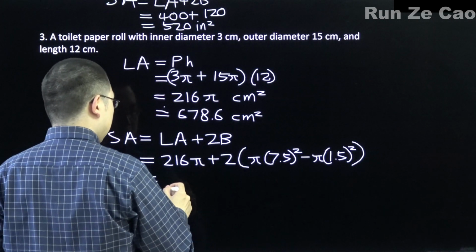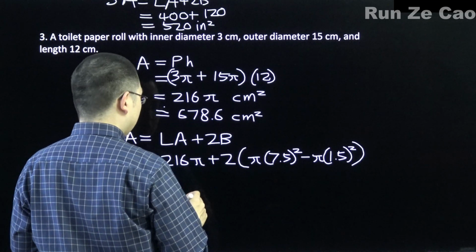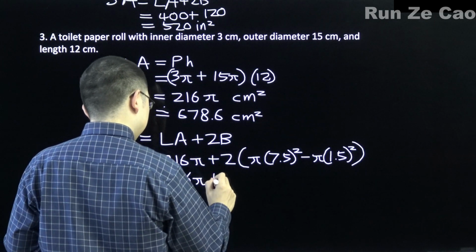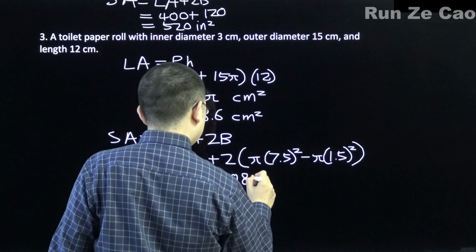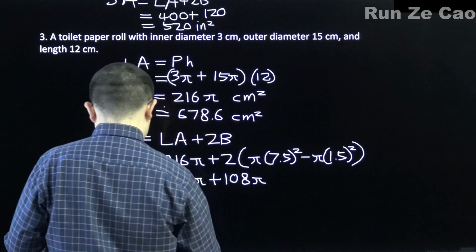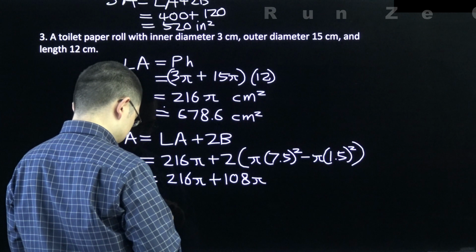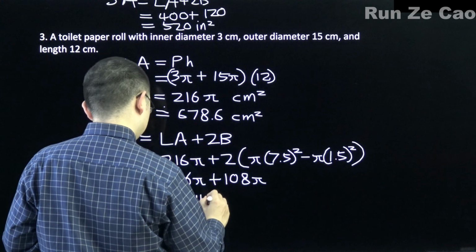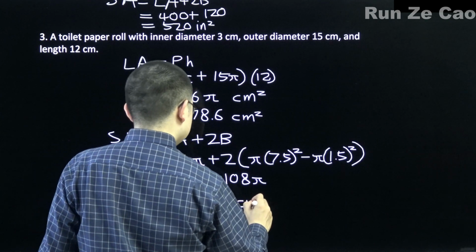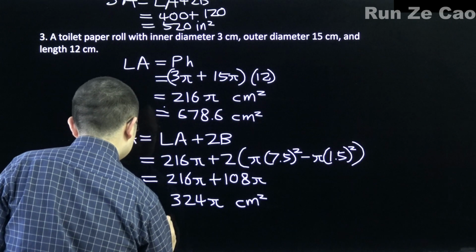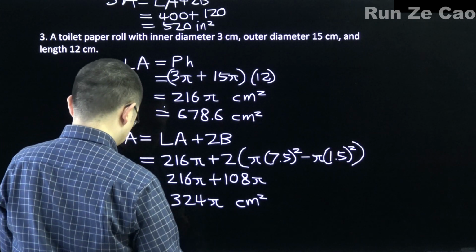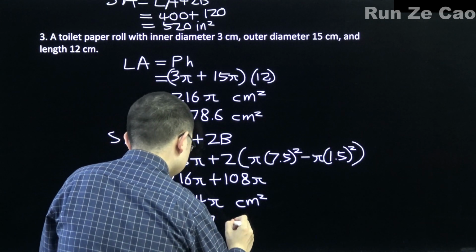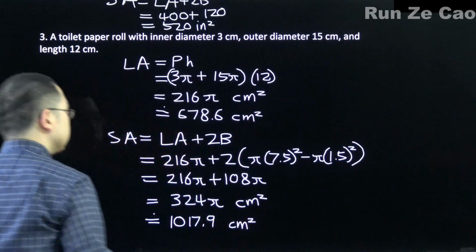Now, we're looking at 216 pi plus 2 times 54 pi. 216 pi plus 108 pi, so 324 pi centimeters squared, which is approximately 1017.9 centimeters squared.